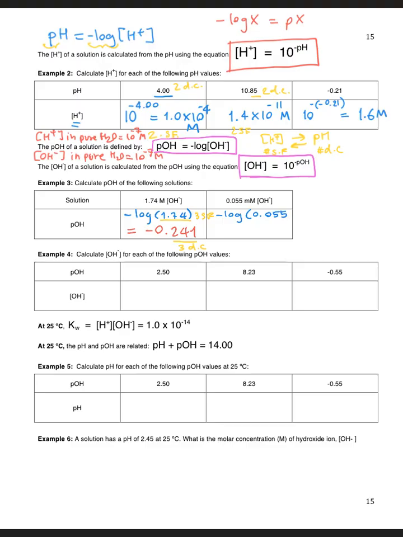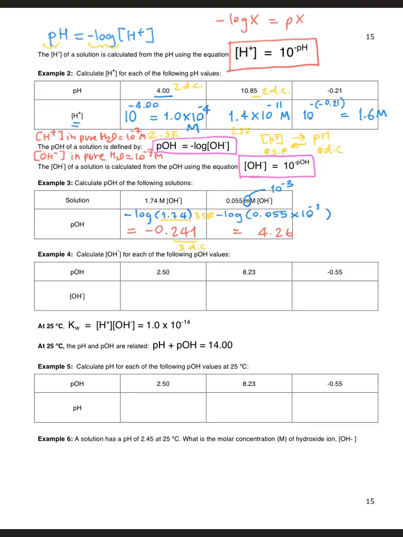Okay. Next, let's take a look at the next example, which is 0.005 millimolar. This m right here is milli, which means 10 to negative 3. So you will need to convert this concentration into just molar by multiplying or dividing by 1000, but it's the same idea. If you do this, you will get the answer equal to 4.26.